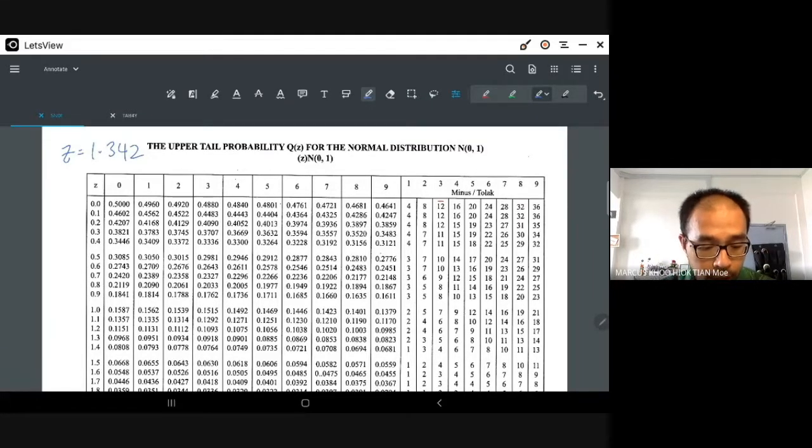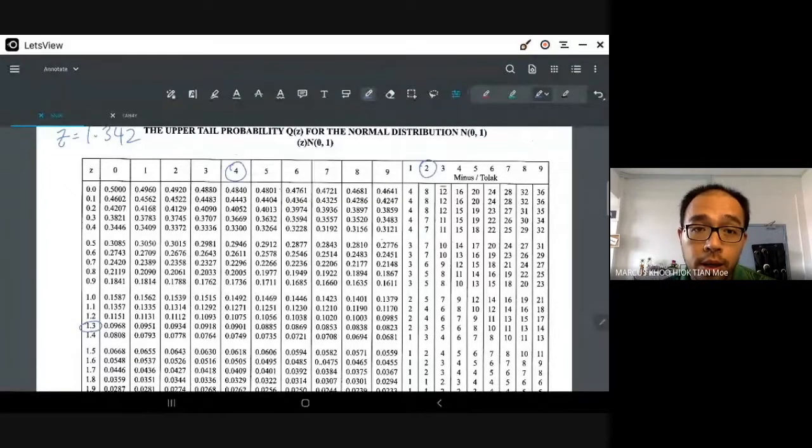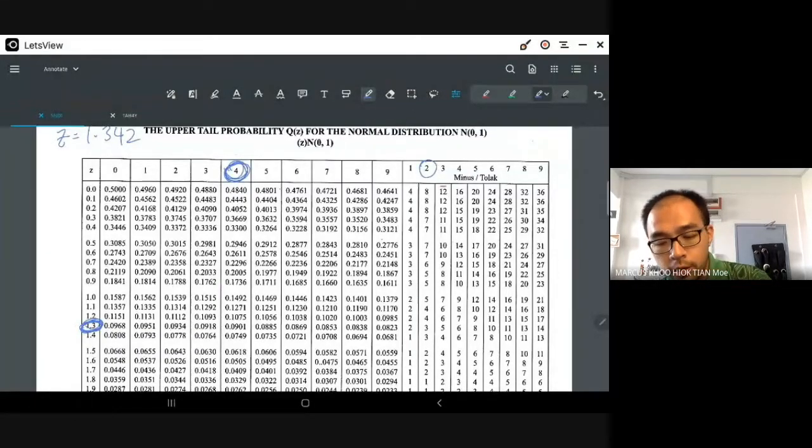Okay, so let's look at 1.3 first. Here is 1.3. Here is 4. And here is 2. Okay, let me make this darker for you. 1.342. Okay, so what you do is, you take the value that corresponds to this. 1.34 is this.